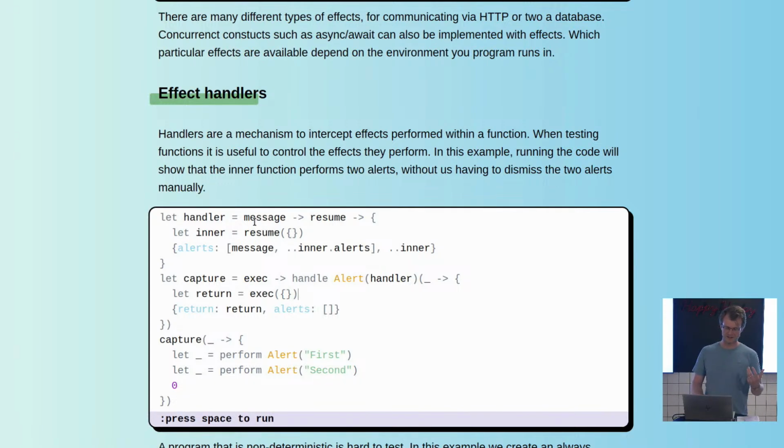So what this handler does is, when it gets a message, we just resume with unit, so no value from the alert, it just returns with essentially nil. And we just add all those alert messages together. So when we run this program, there's no alerts. We've handled everything here.